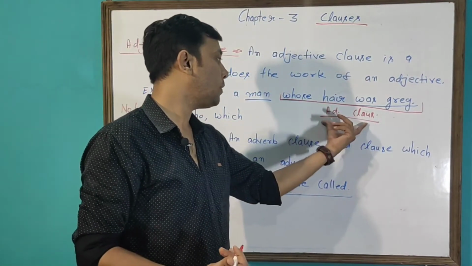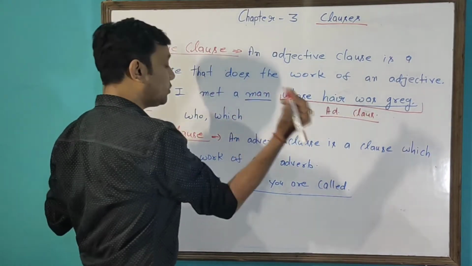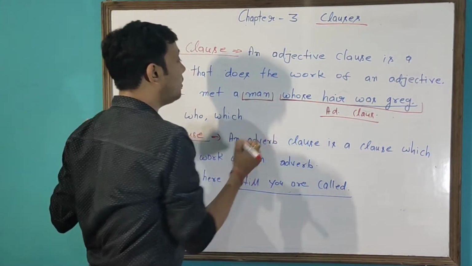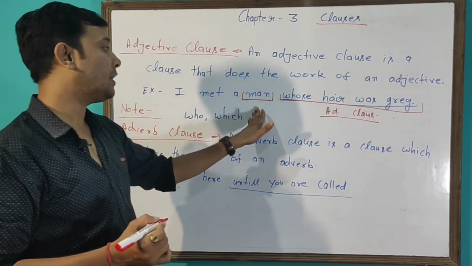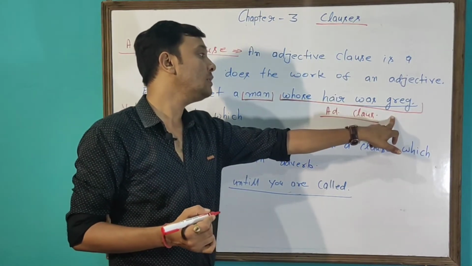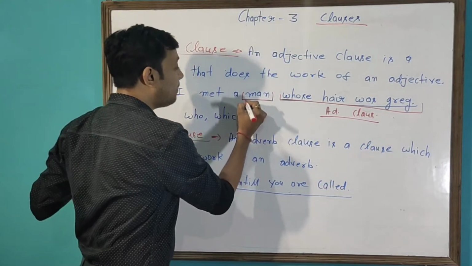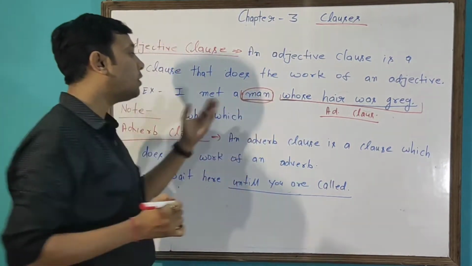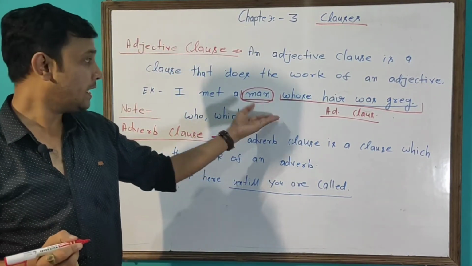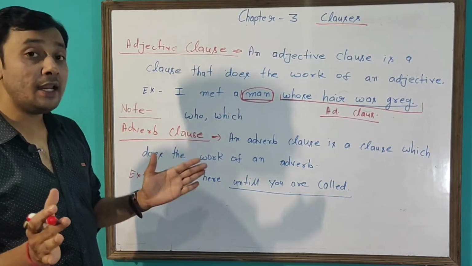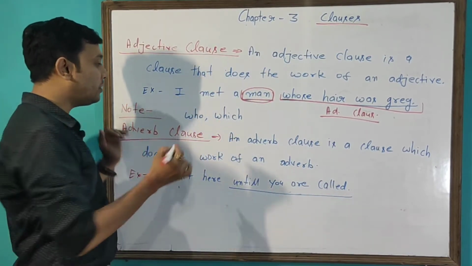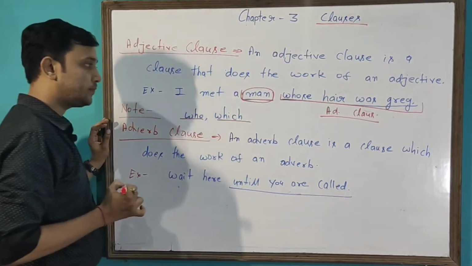So this group of words is actually telling about the man. What kind of man did he meet? He met a man whose hair was grey. Clear? So this group of words is describing the man, and a describing word is known as an adjective. Clear? And generally adjective clauses start with who and which.